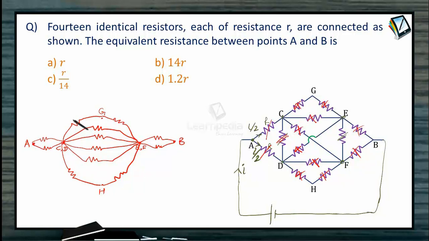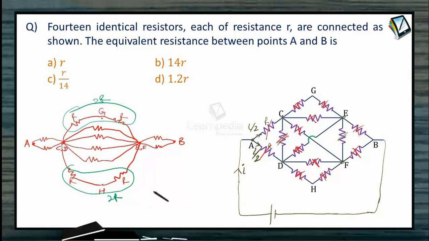Now we can see that this R and this particular R are connected in series, and similarly these two R's are connected in series. So we can replace these two with 2R, and similarly these two with a single resistance 2R. These 2R and 2R are connected in parallel, so their equivalent becomes R. That means we can replace these four resistances by R, and then including that R, there are these four R's also, which are all connected in parallel.